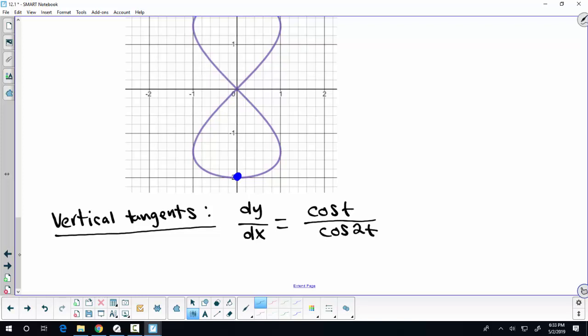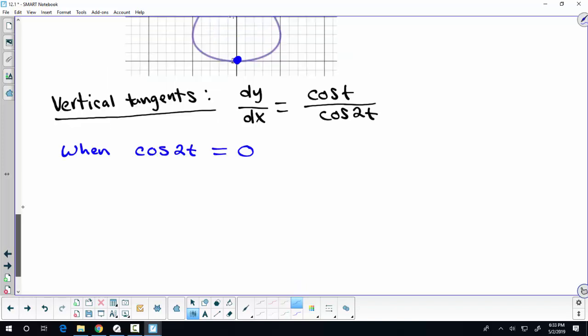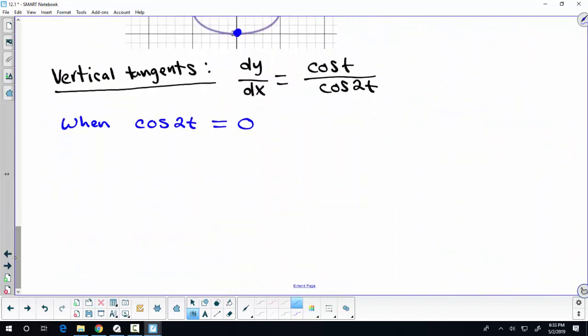So we've got vertical tangents when the denominator of our derivative is 0. Let me go back up here. Cosine 2t is equal to 0. And we're keeping in mind that the numerator cannot be 0.